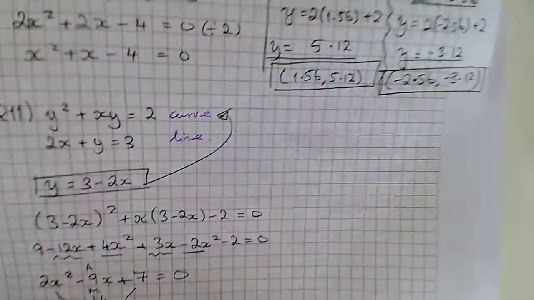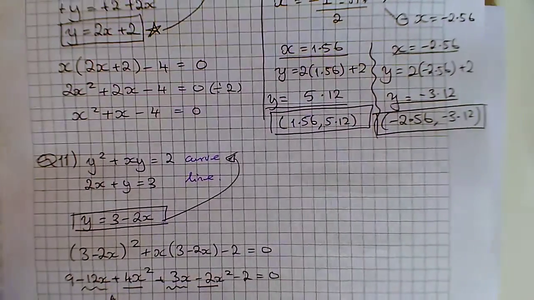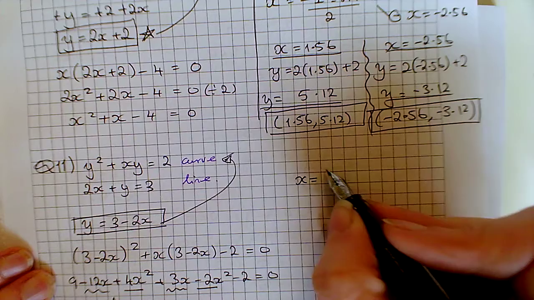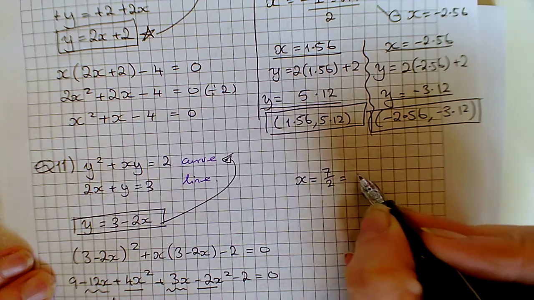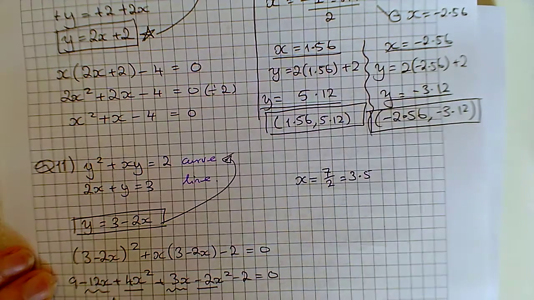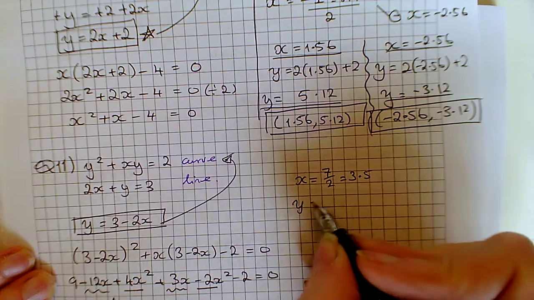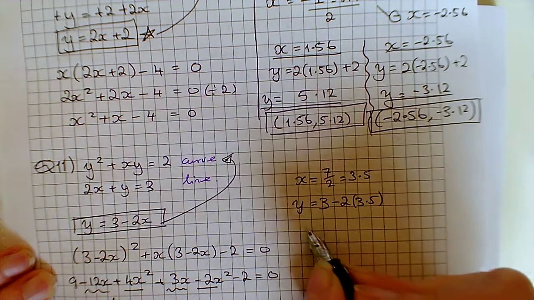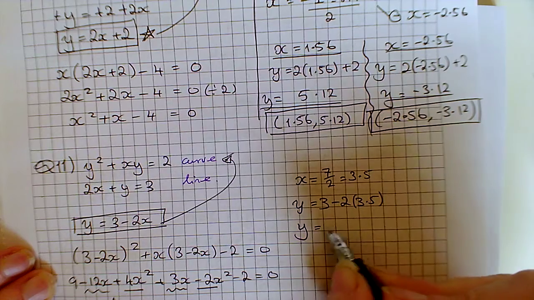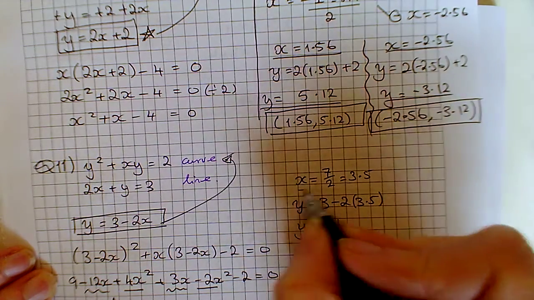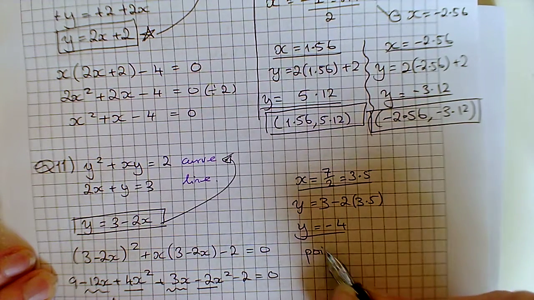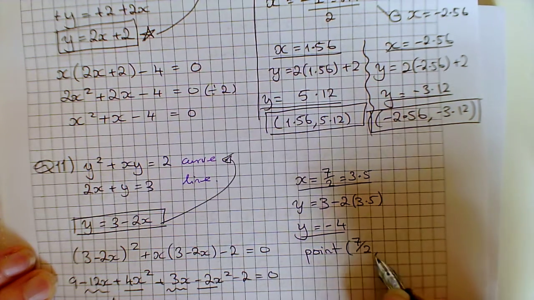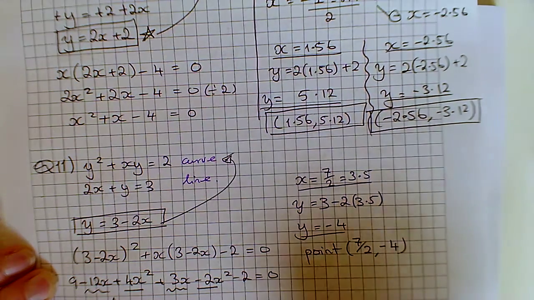Can't completely avoid fractions, and I can use decimals because it's a nice neat fraction. So when x is equal to 7 over 2, which is the same as 3.5, y is equal to 3 minus 2 times 3.5. So y is equal to 3 minus 7, which is minus 4. And we get the point (3.5, or 7 over 2, minus 4).